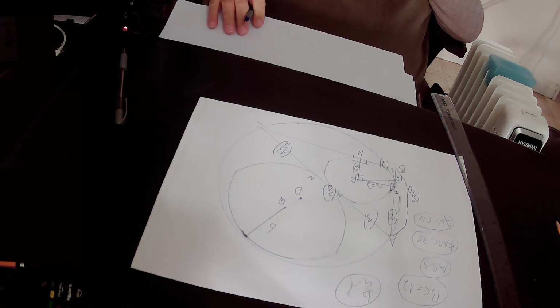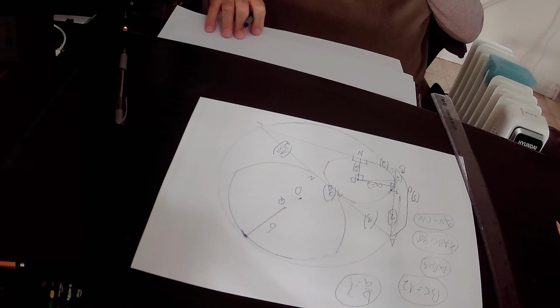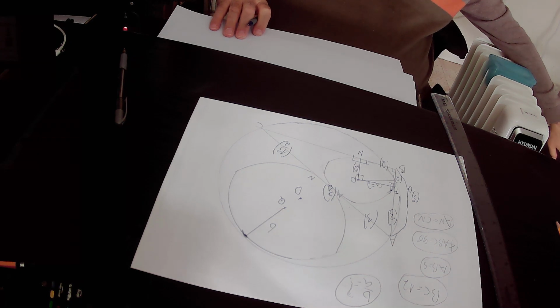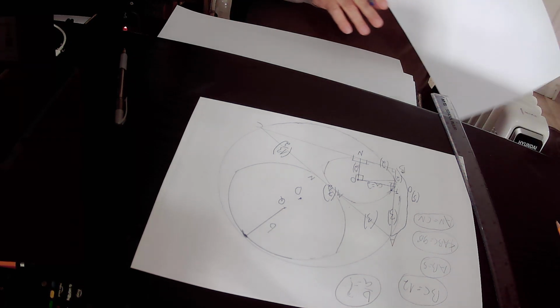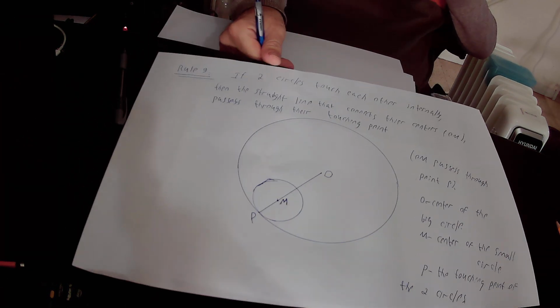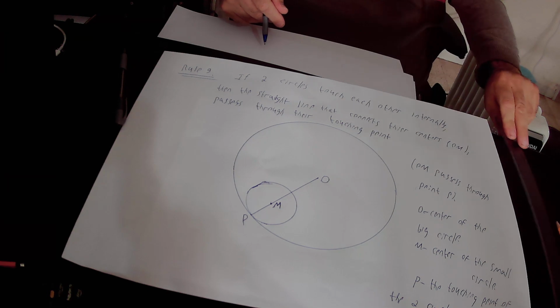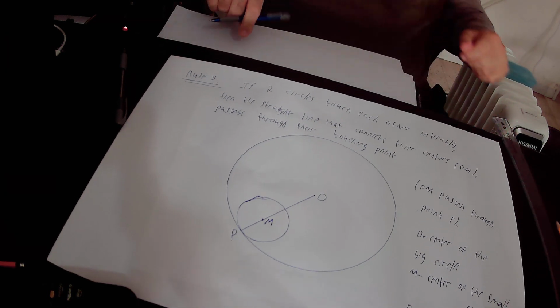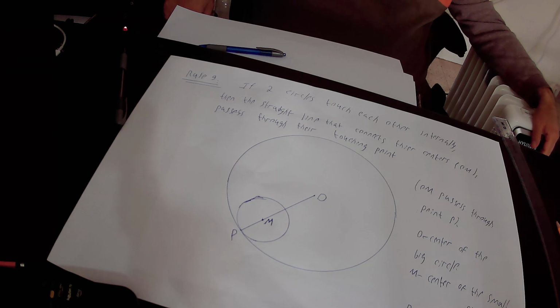So in the next step I present to you a new rule, and we'll implement the new rule in our drawing. Here is rule number 8. According to rule number 8, if two circles touch each other internally, then the straight line that connects their centers together passes through their touching point.